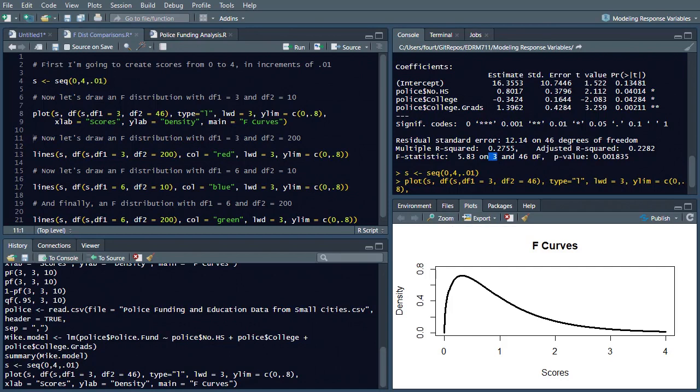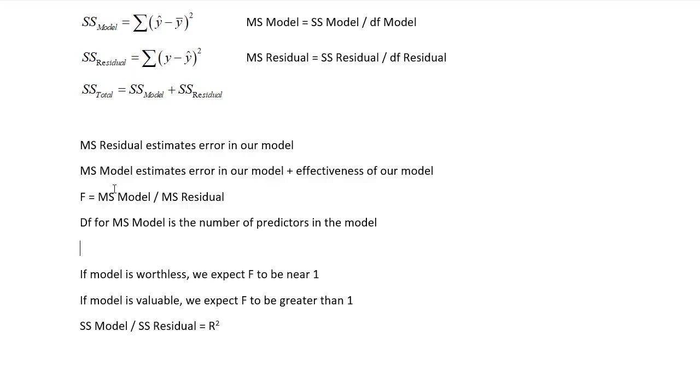We call it the numerator degrees of freedom because it goes with the mean square that's in our numerator, the mean square model. The degrees of freedom for mean square residual is sample size minus number of predictors minus 1.